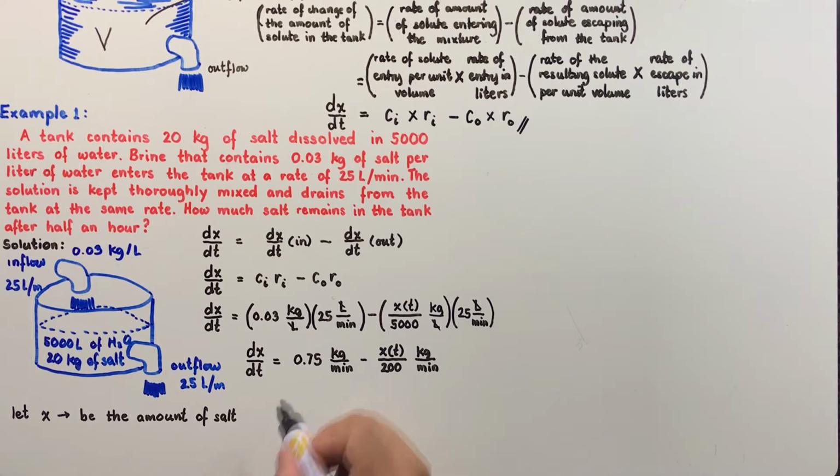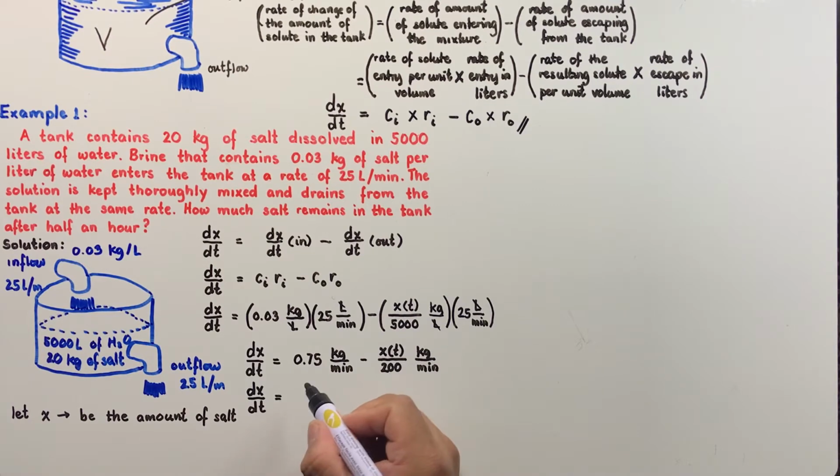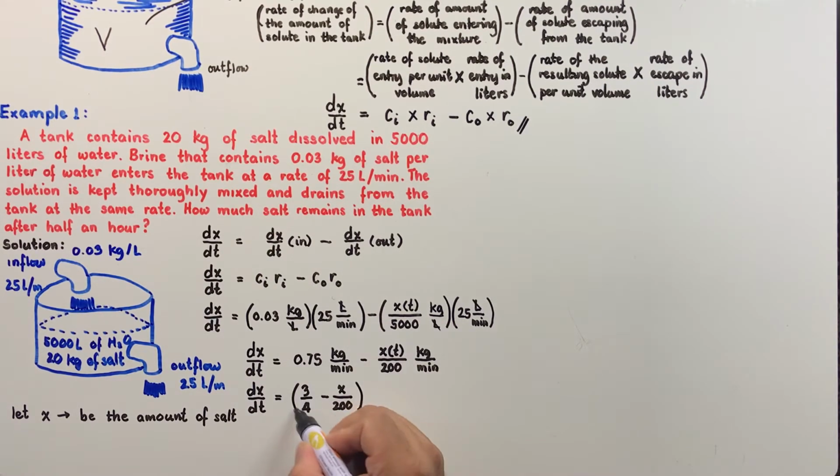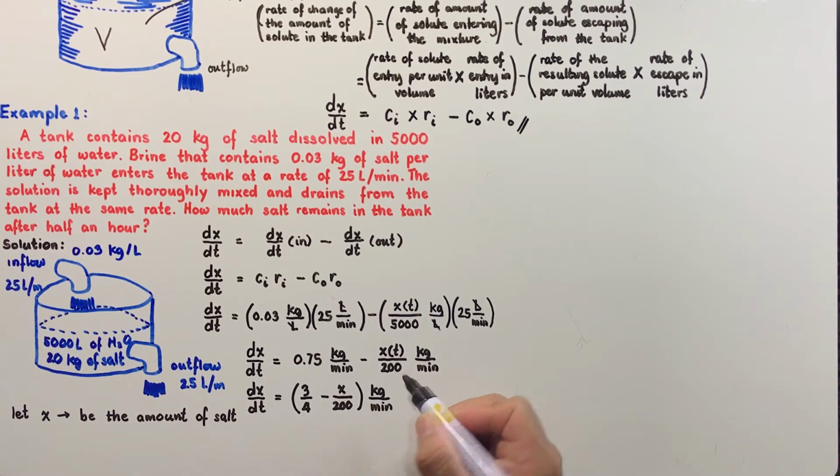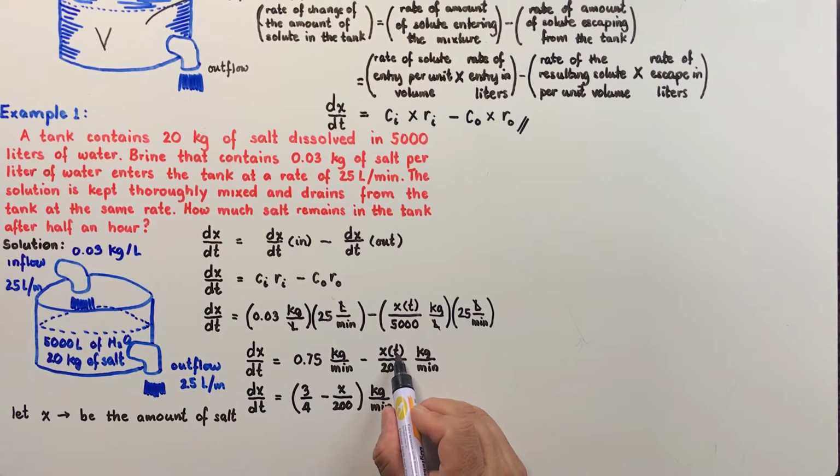So factoring our units of measurement, we have here 0.75, which is 3/4 in fraction, minus x over 200 kilograms per minute. We did not write t anymore, because this solute inside the tank is changing over time.